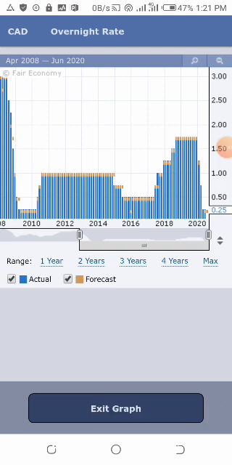So for today's news, being 3rd of June 2020, they have predicted that Canadian overnight interest rates for Canadian dollars as released by BOC, Bank of Canada, is going to be 0.25.